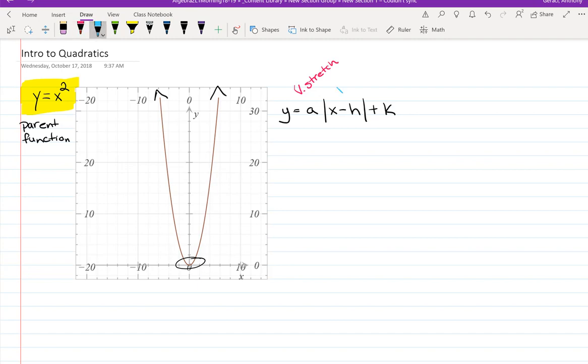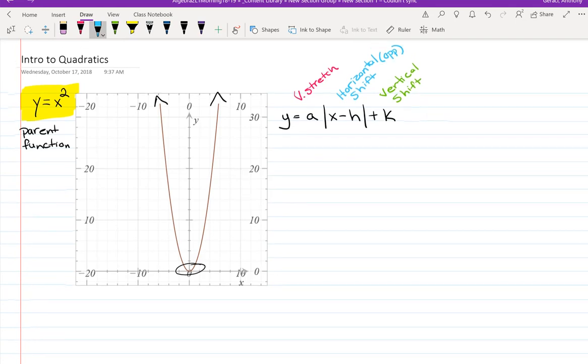This was the horizontal shift. And this was the vertical shift. Don't forget that the horizontal is the opposite.